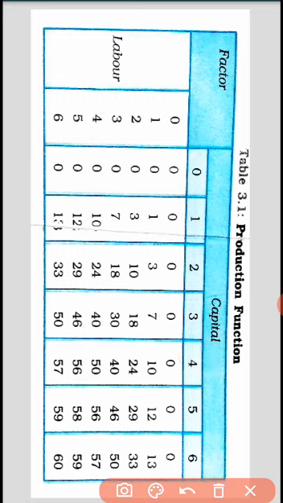Now let us take 6 acres of land and only one person to work. What will be our production? It will be 13. So like that you can take the 2 factors, labor and capital, and measure what the production will be.